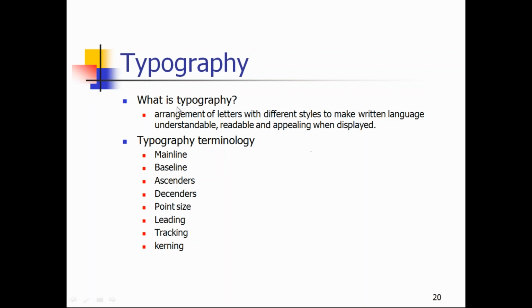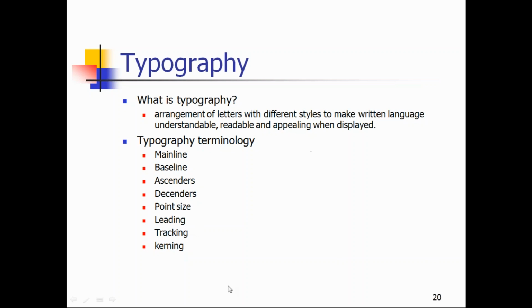Typography, as I told you already, is an arrangement of letters with different styles to make written language understandable, readable, or appealing when displayed. In typography we find different terms like mainline, baseline, ascenders, descenders, point size, leading, tracking, heading.